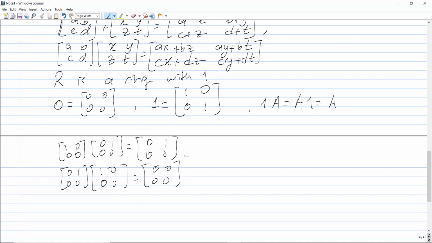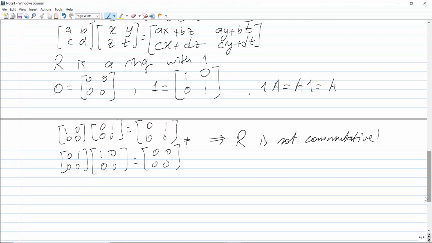Therefore, this is not a commutative ring.